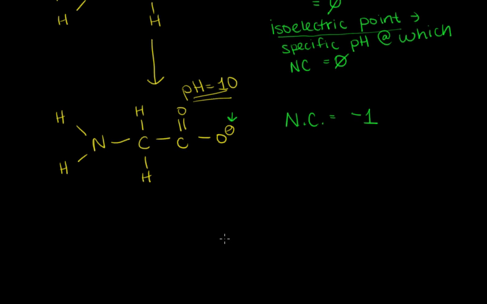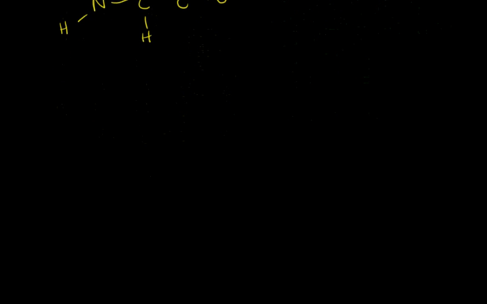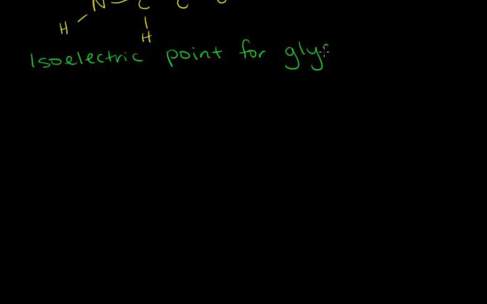So now let's calculate the isoelectric point for glycine. What is the exact pH at which glycine's net charge becomes 0?